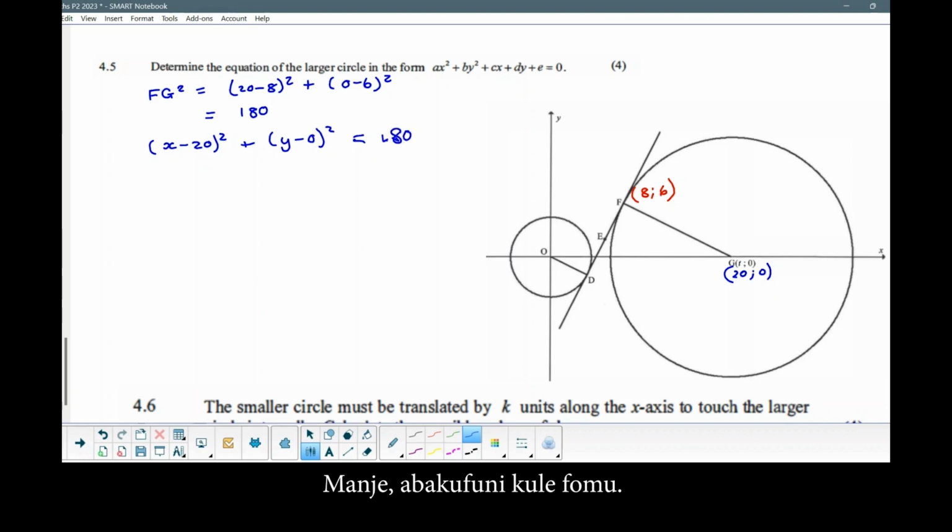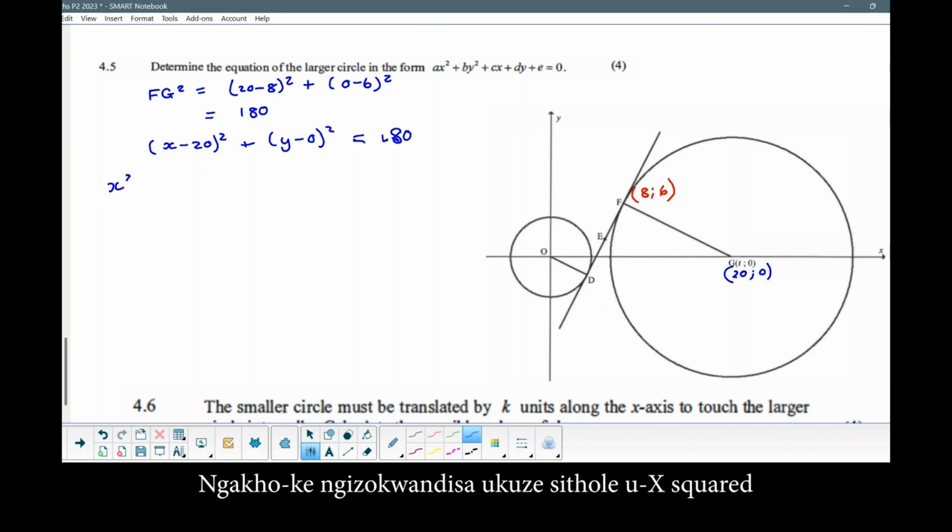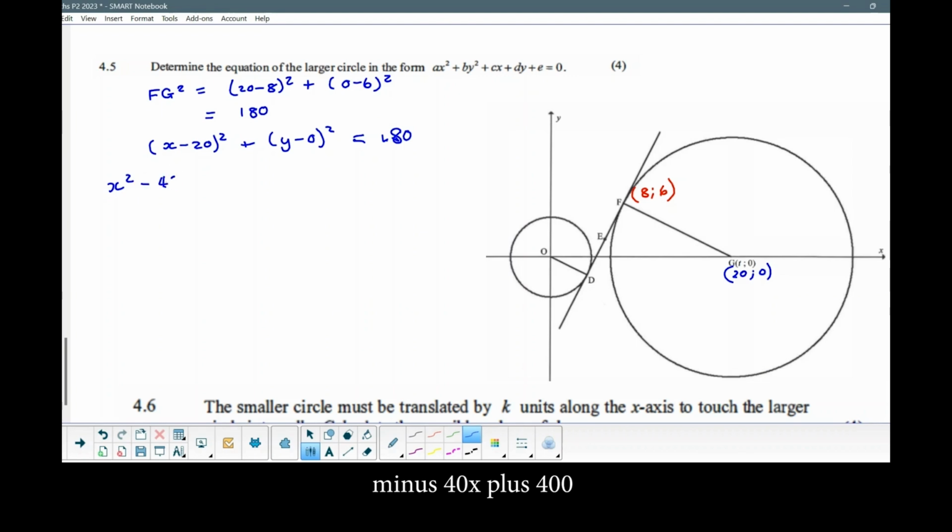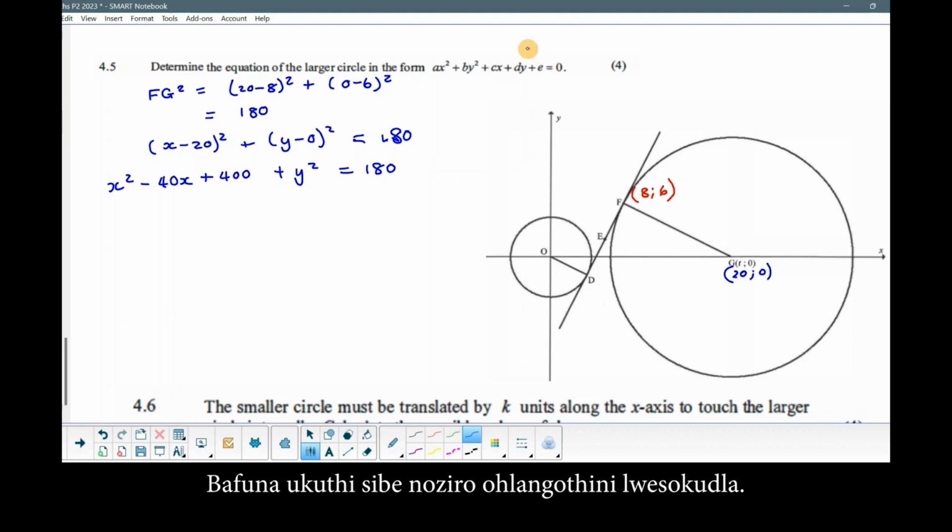All right, now they don't want it in this form. They want us to expand this out. So I am going to multiply out to get x squared minus 40x plus 400 plus y squared is equal to 180. So they want us to have a 0 on the right-hand side, so I'm going to bring that over onto the left.